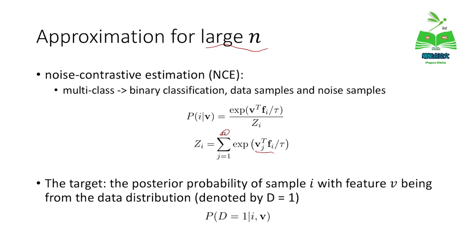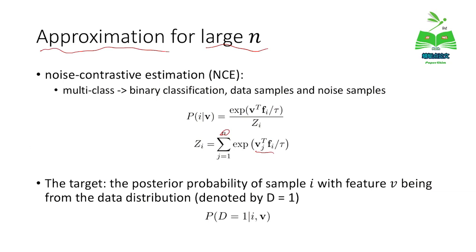Although we can use the memory bank to update the V less, each time we still need to compute the similarity between those. That's still time consuming. So they use an approximation for the large n case.